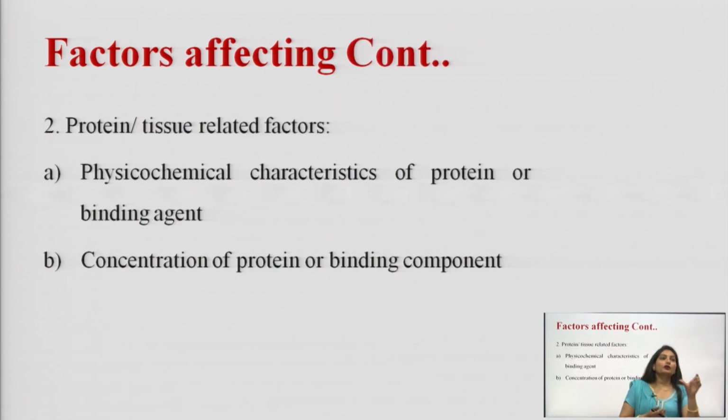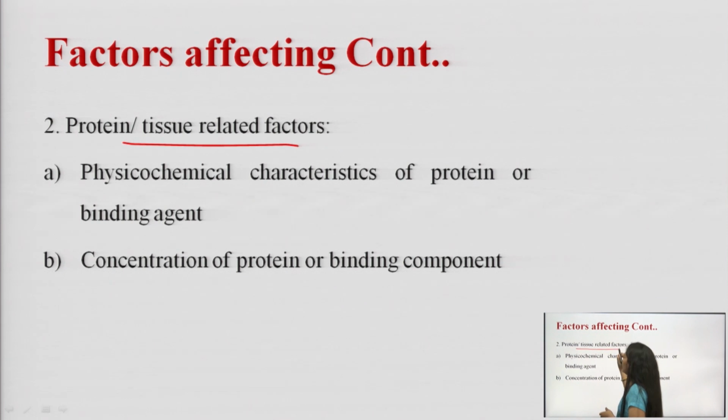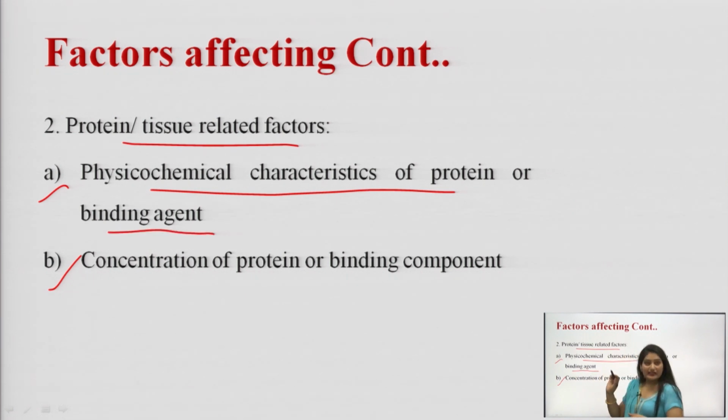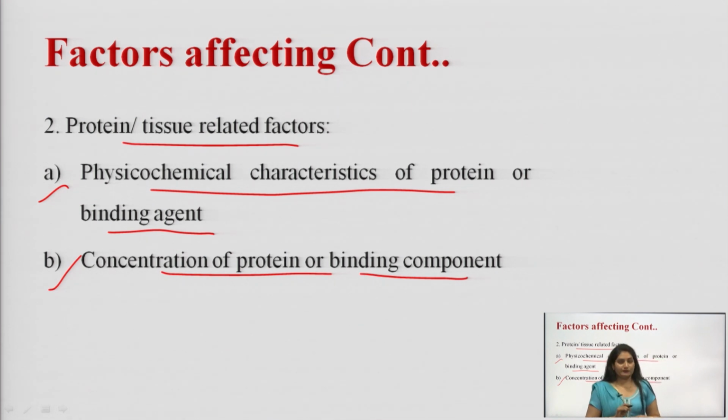Next is the protein or tissue related factors. The protein or tissue related factors include two factors. One is physicochemical characteristics of protein or binding agent. Second is concentration of protein or binding component.